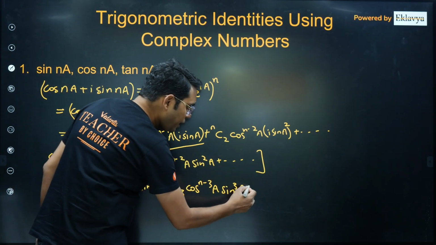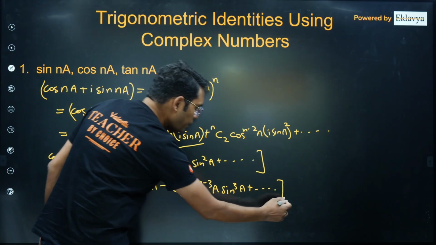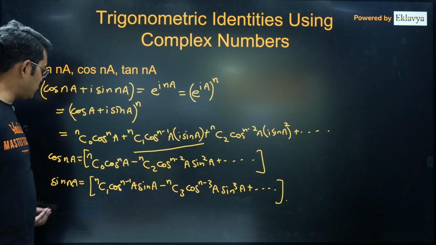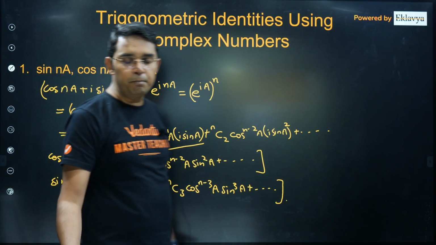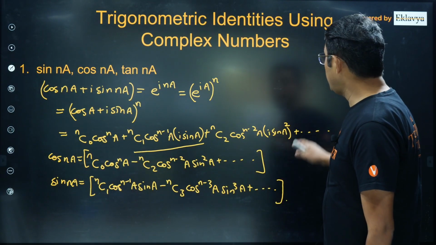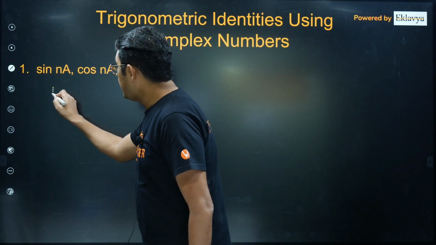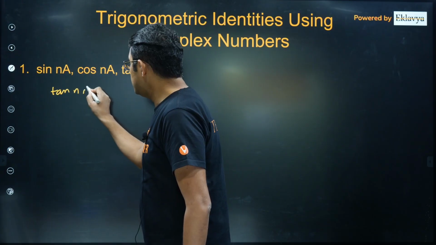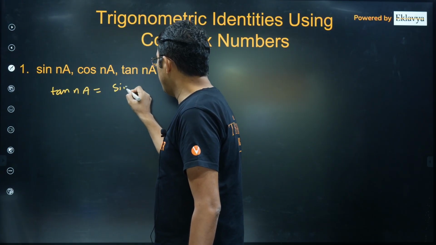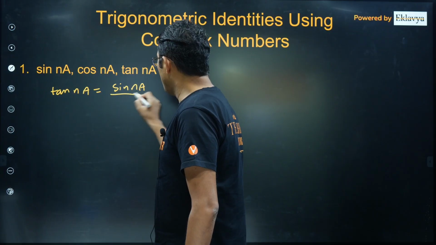Not that's it actually, there will be other terms also, but you have to write all the terms to get this sin nA completely. Now if you are looking for tan nA, tan nA can always be written as sin nA upon cos nA.